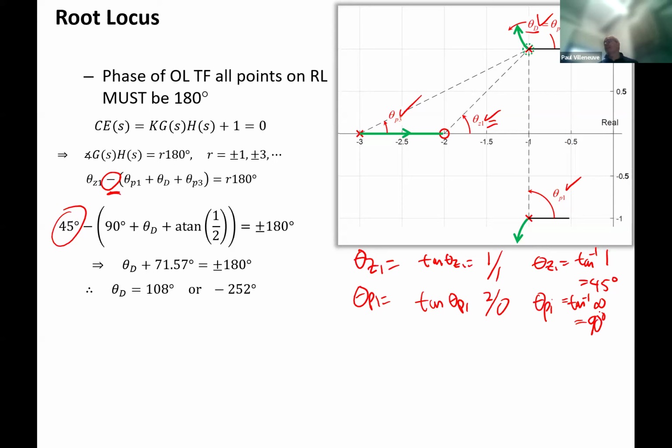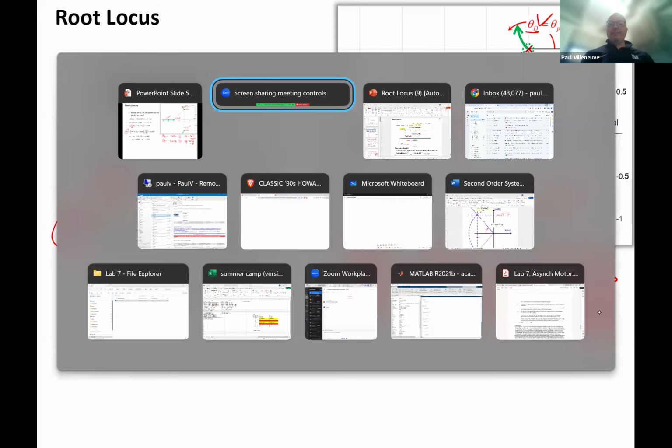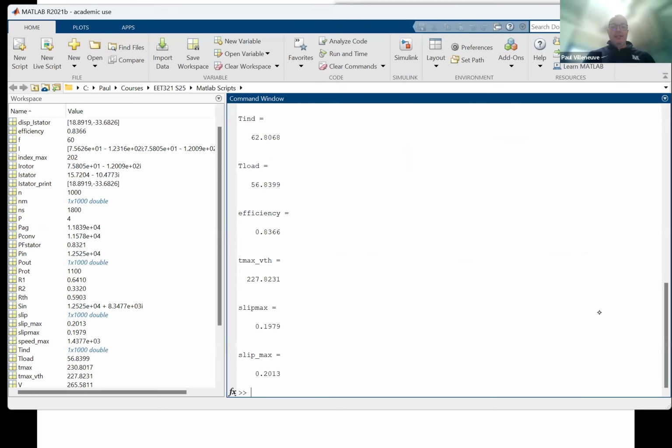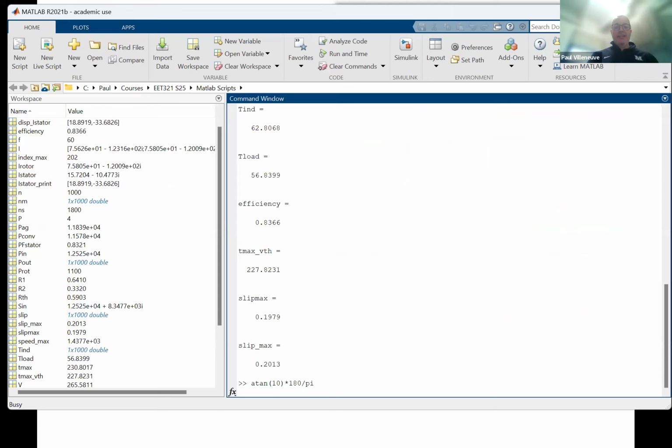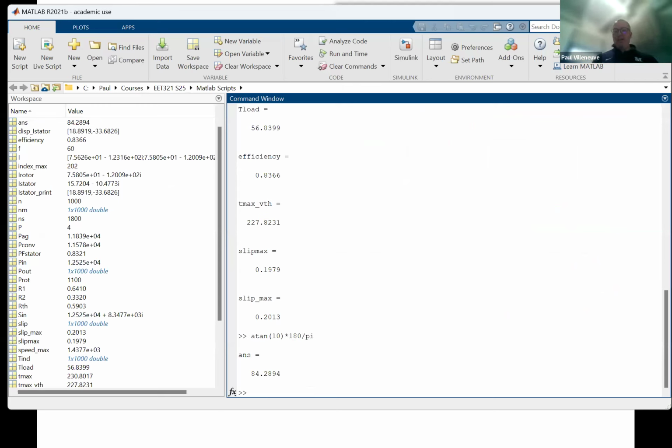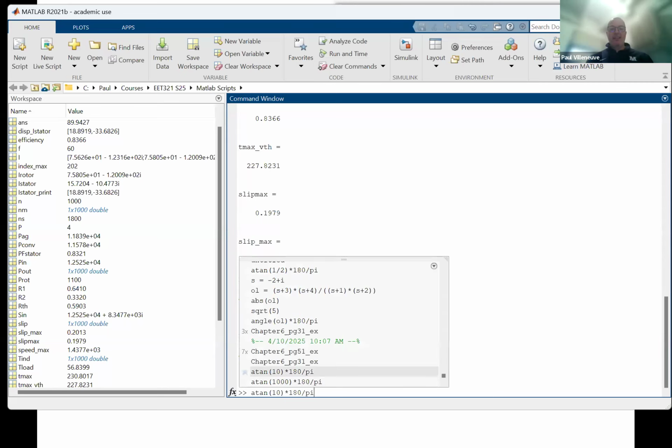Put it in your calculator, put in the inverse tangent of 10. We can do it in MATLAB too, right? So I'll do atan of 10 times 180 over pi. We get 84. Now I'm going to go 1,000: 89.